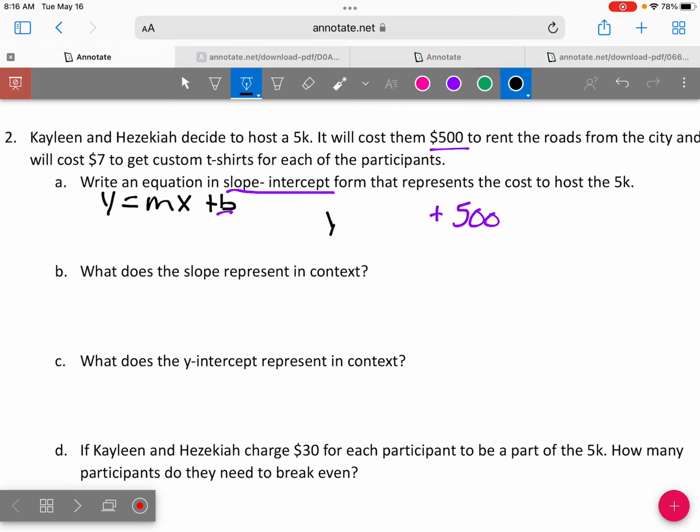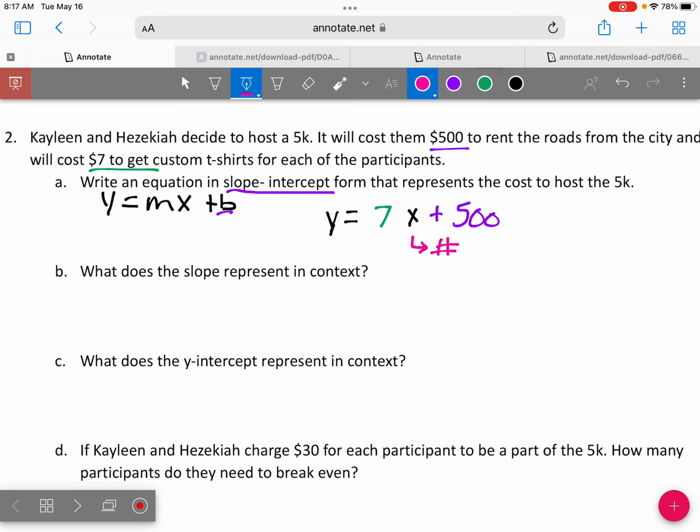What is our m? The 7. $7 for each shirt. So what is the x? What is that counting? Yeah, x is the number of people.